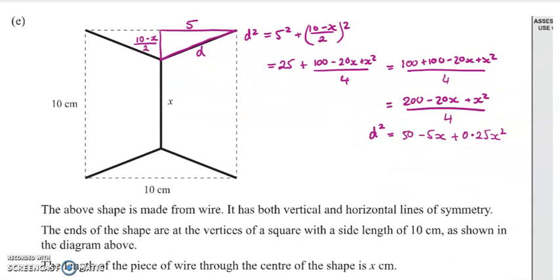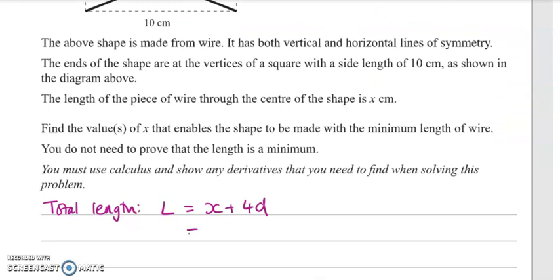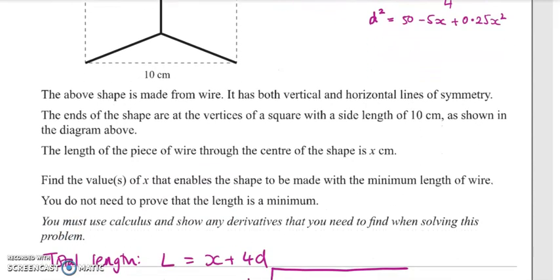So this value of x in the middle, and add on 4 of these diagonals. So this will be x plus 4 times the square root of, in fact, instead of doing that, I'll do a half bracket. So pop that into here, and then to the power of a half to make it be the square root.